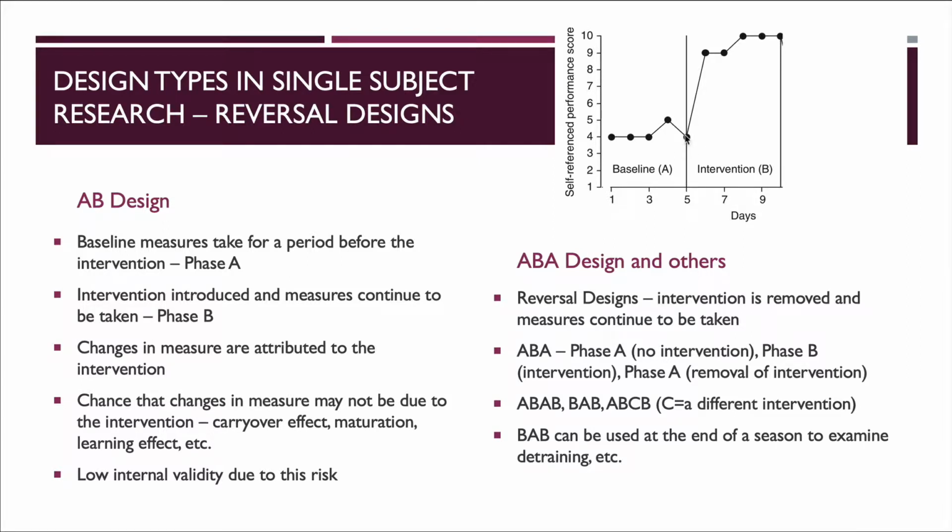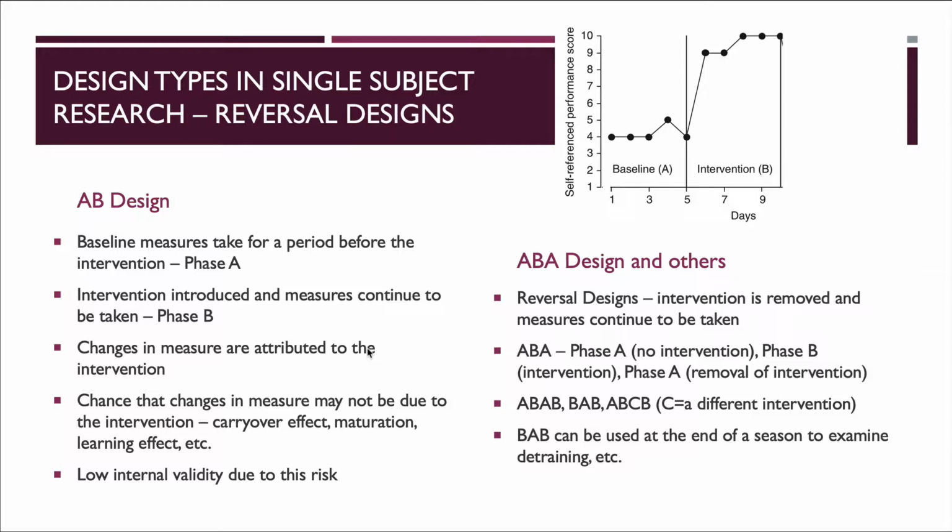When the intervention is begun, we see an immediate increase in their performance on that measure. That's what you would expect to see if the intervention is effective. And that's an A-B design. It allows us to look at when the intervention is introduced and then how measures change. Changes in the measure are attributed to the intervention.